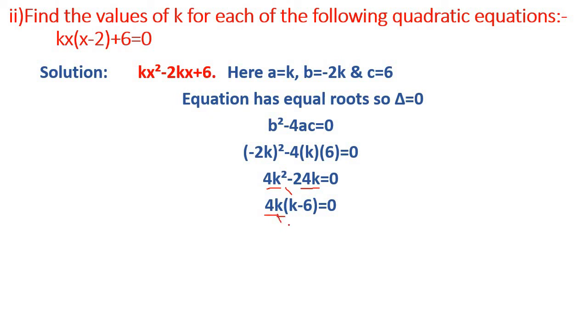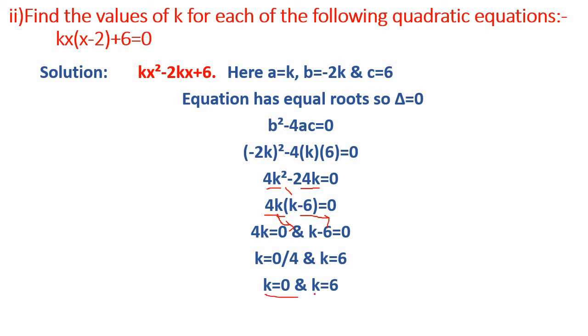Now 4k is equal to 0 and k − 6 is also equal to 0. Therefore k is equal to 0/4, which is 0, and k is equal to 6.